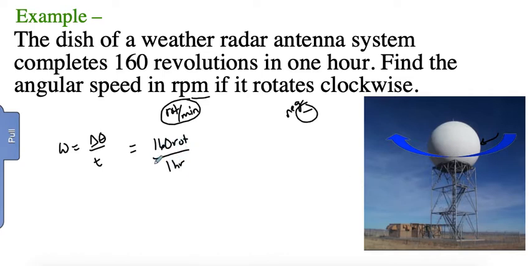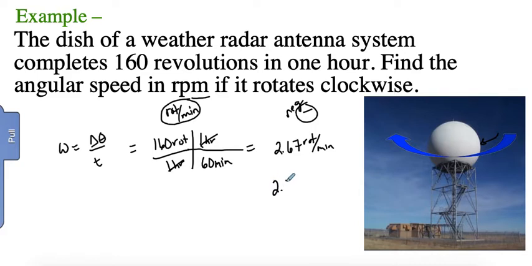That would be angular speed in rotations per hour, but we need minutes, so we're going to have to convert that. So let's make some tracks here. If I want to change from hours to minutes, then a little dimensional analysis: hours goes up there, minutes goes down here. Hours will cancel out. And we would just be doing 160 divided by 60, which would get us 2.67 rotations per minute.